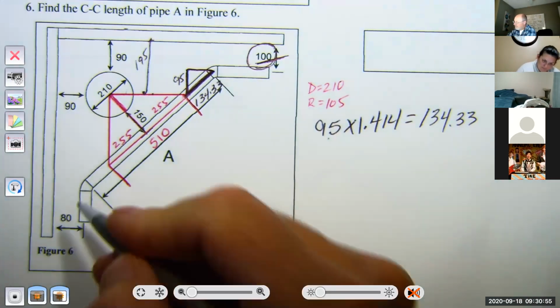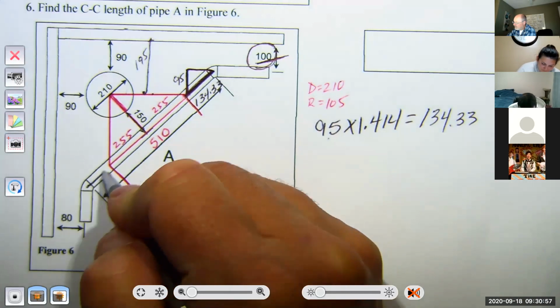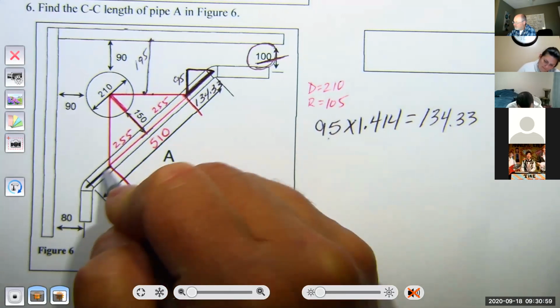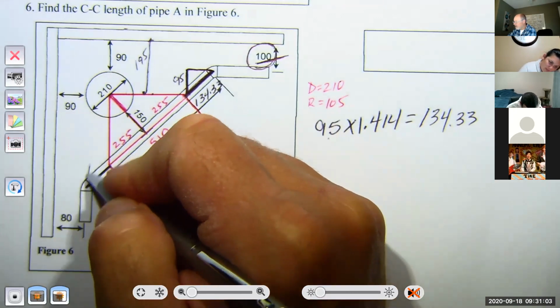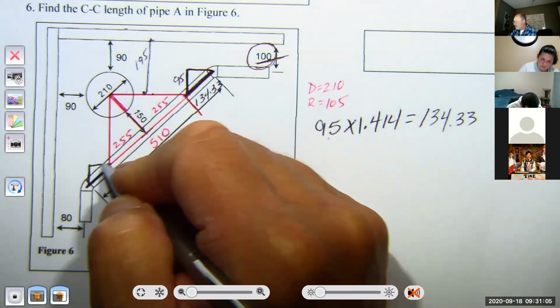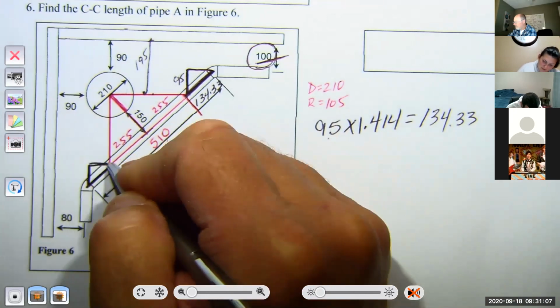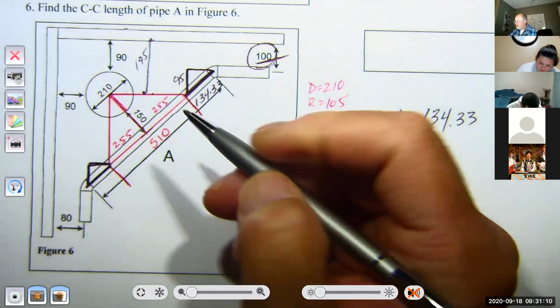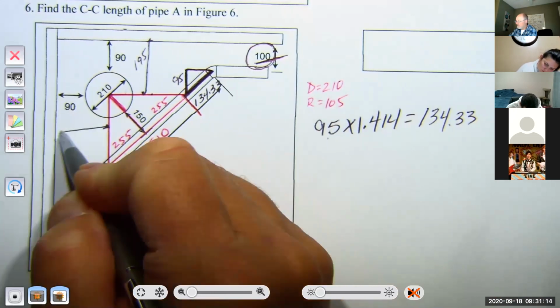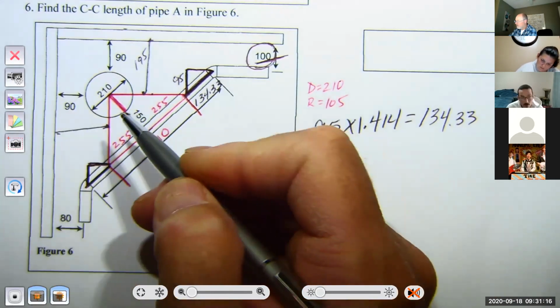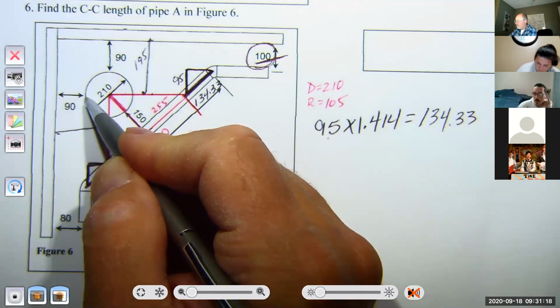Now, my next step is I need to solve for this piece right here. This is a travel. I'm going to draw my right angle triangle in there. Now I'll take the measurement from the red line to the wall as 105 plus 90.